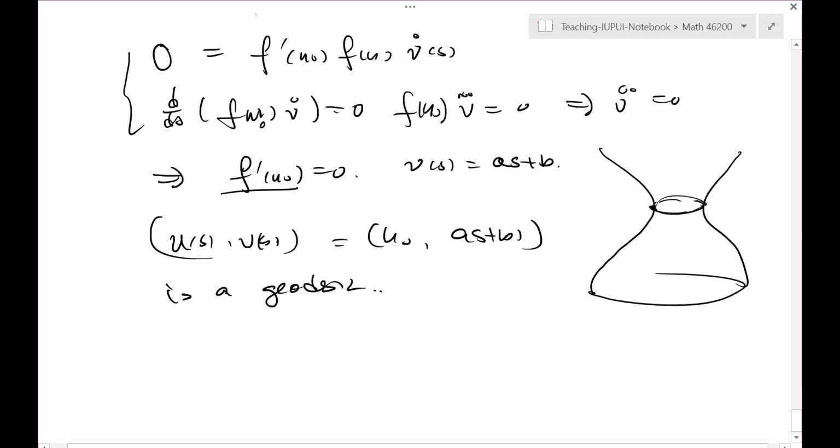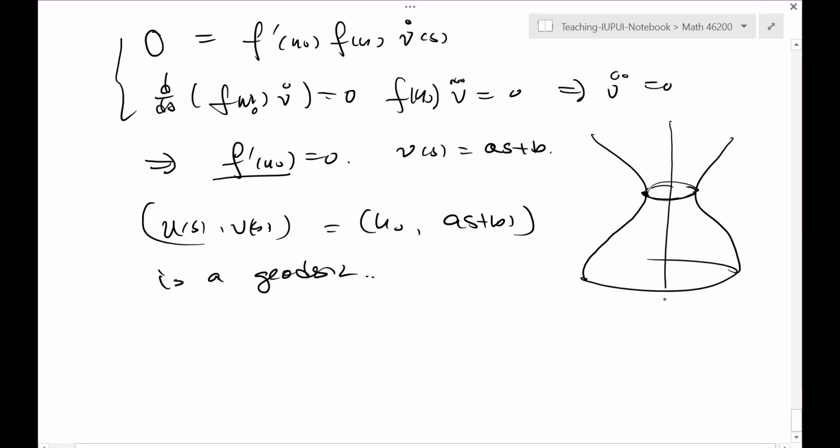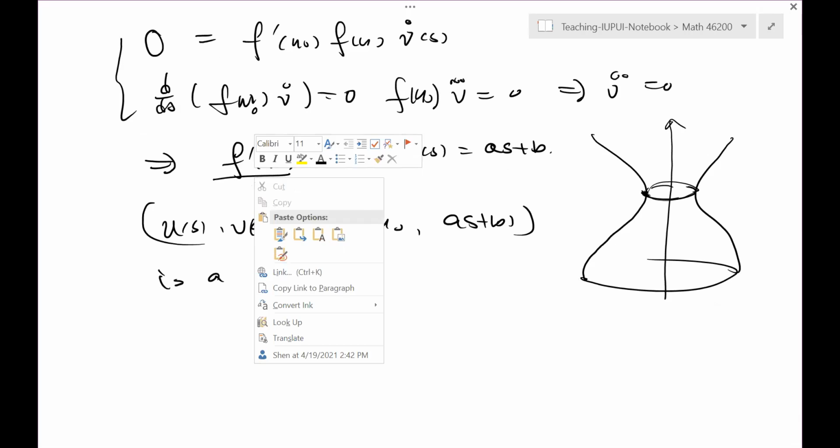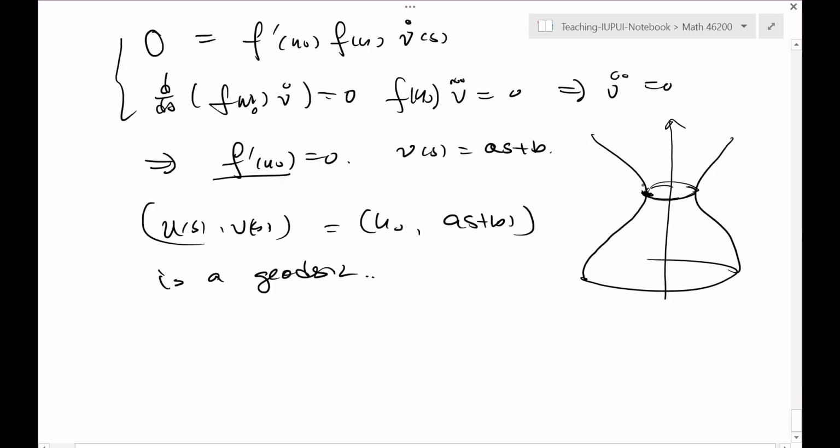For example, for the smallest value, if f has a minimum value at this particular point, then the derivative must be 0. So derivative 0, then the corresponding curve must be a geodesic.